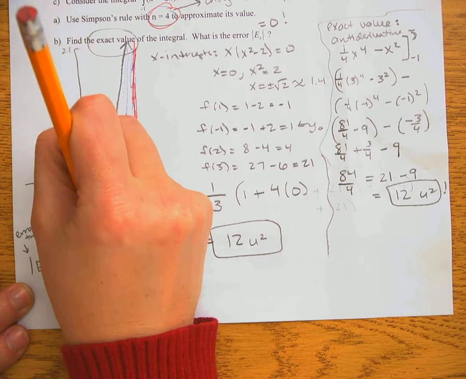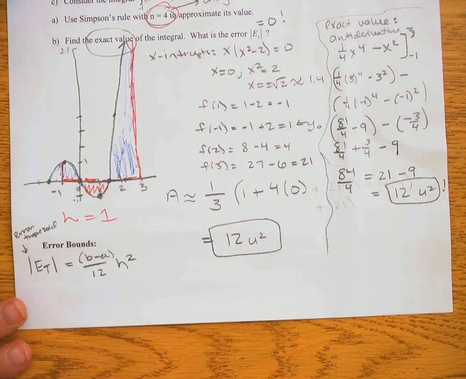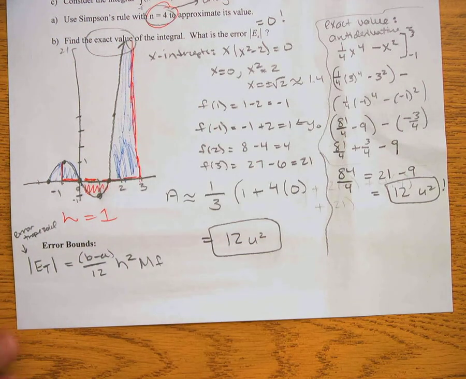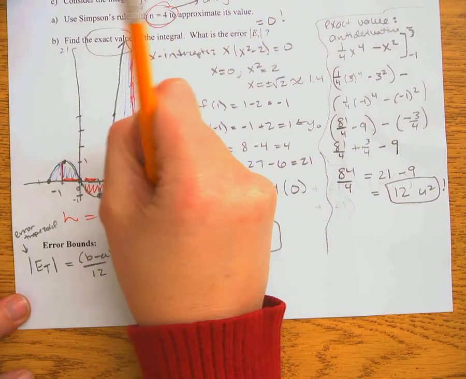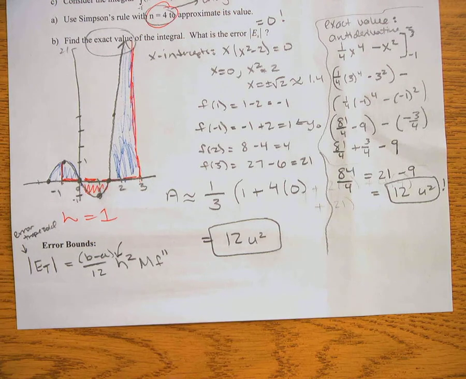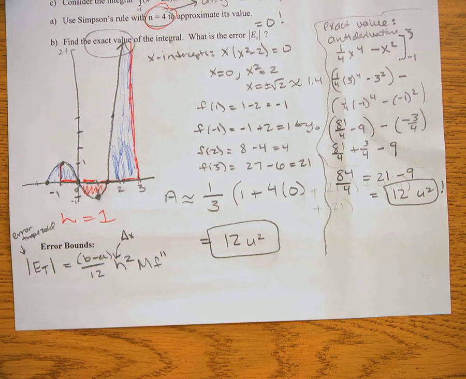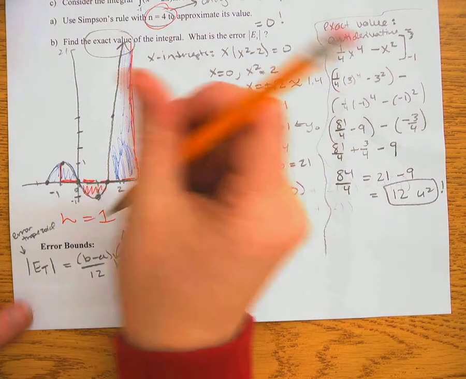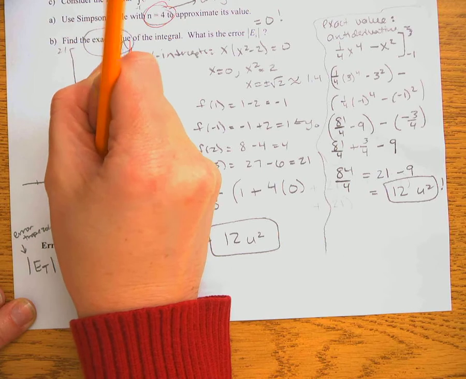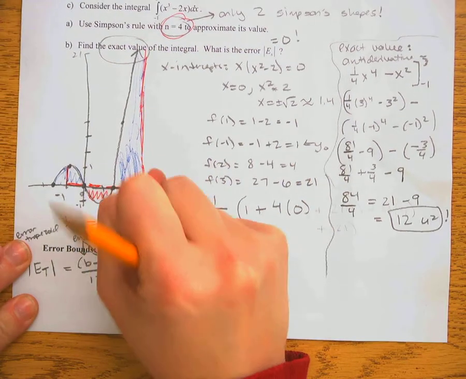It's b minus a over 12 times h squared times M f double prime, where the h is the change in x. That's the delta x. B and A are the upper and lower endpoints.